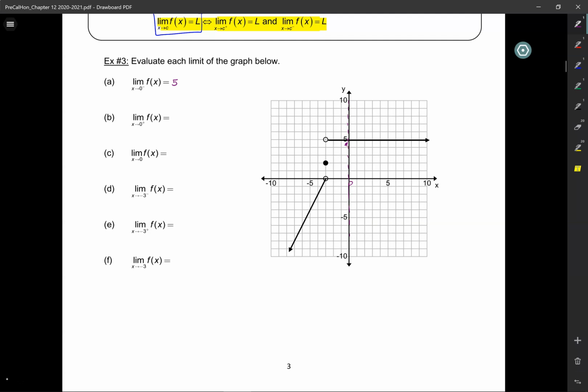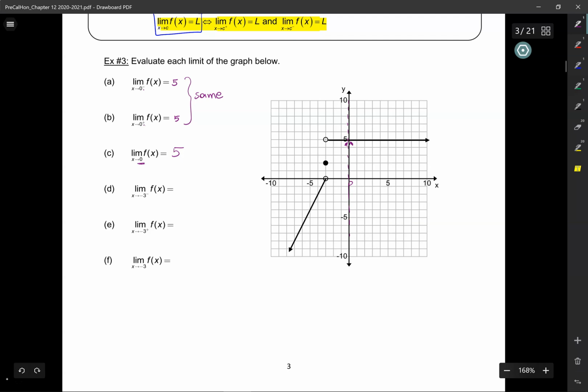Okay, so now the limit as x approaches 0 plus. That means immediately to the right of that imaginary line. What is the y value of your graph? 5. Okay, now, because the limit as x approaches 0 from the negative side and the positive side are the same number, you can say that the limit as x approaches 0 of f of x is 5. Okay? Let's do another one.